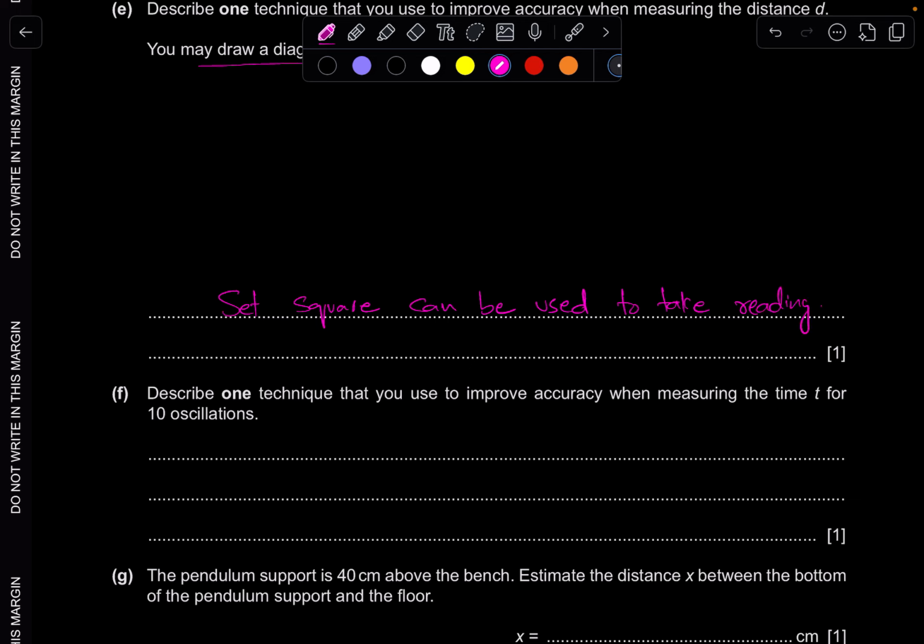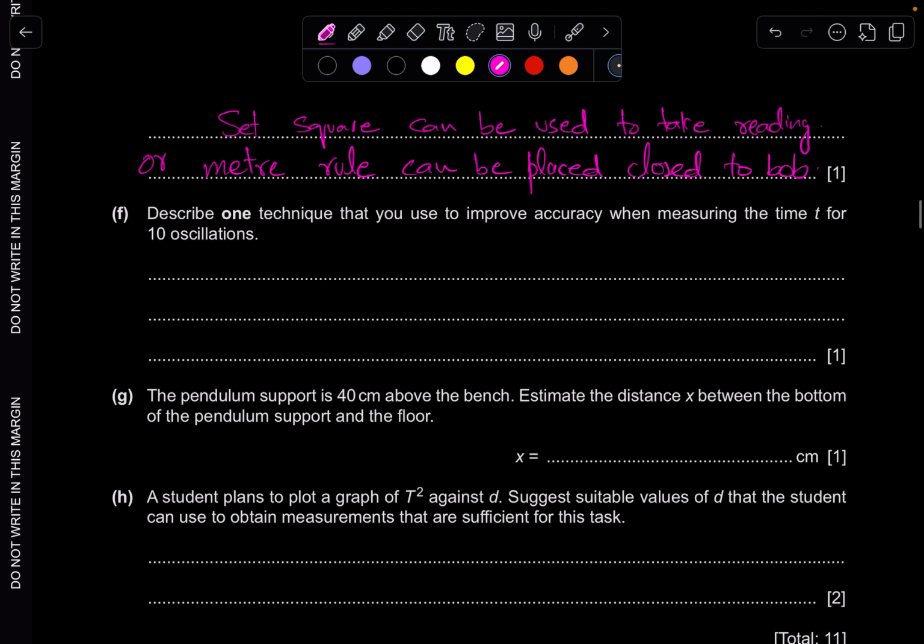Or you can write, you have to write only one of them, right? So you can use a meter rule. Meter rule can be placed close to it. Okay, so this can be the second answer. You have to write only one of them because it's a 1 mark question, right?